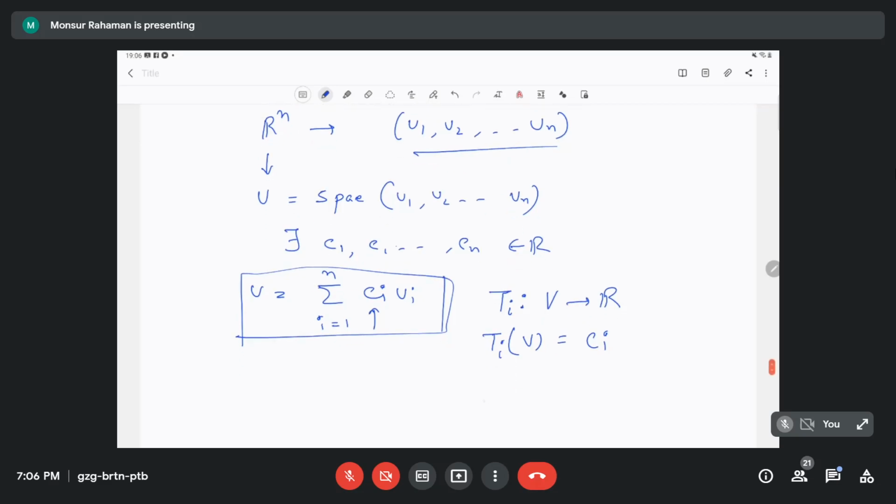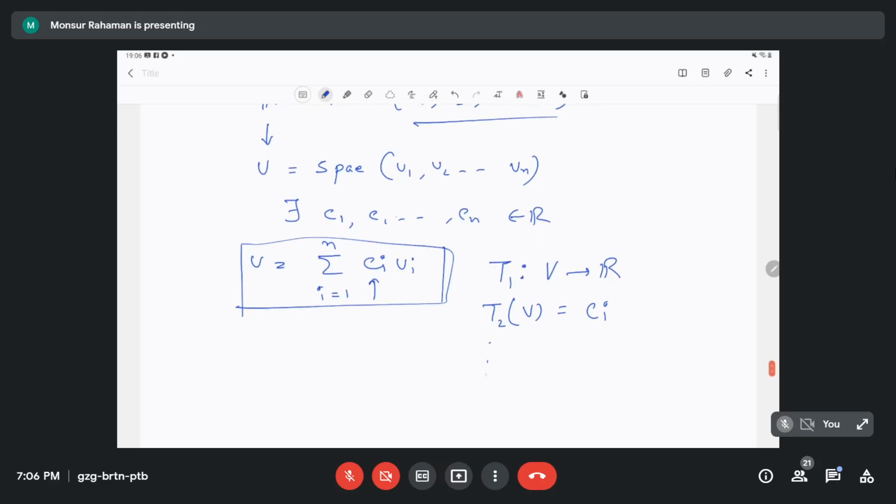So there will be n different linear functionals: T1(v) equals c1, T2(v) equals c2, up to Tn(v) equals cn.